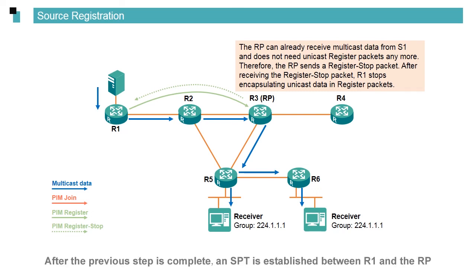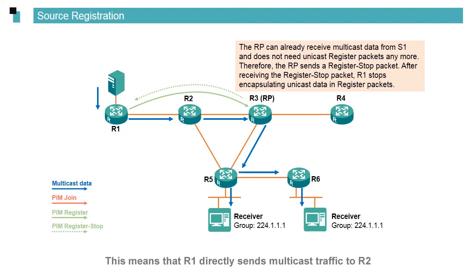After the previous step is complete, an SPT is established between R1 and the RP. This means that R1 directly sends multicast traffic to R2, which sends the traffic to the RP along the SPT.